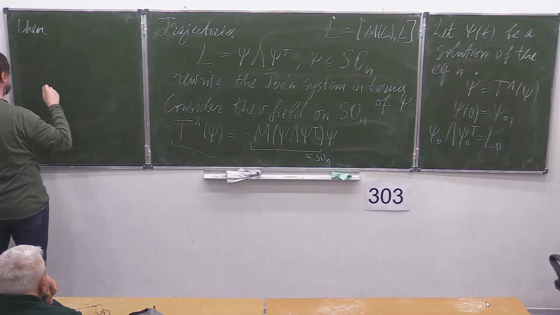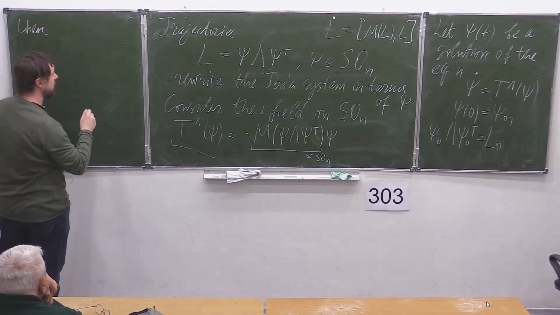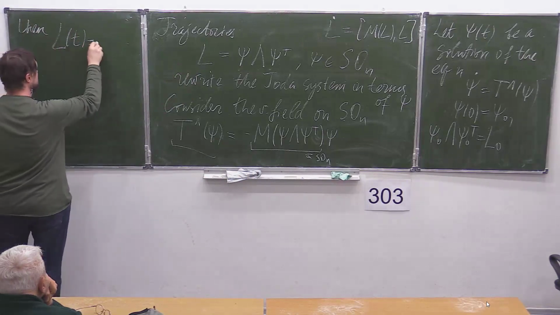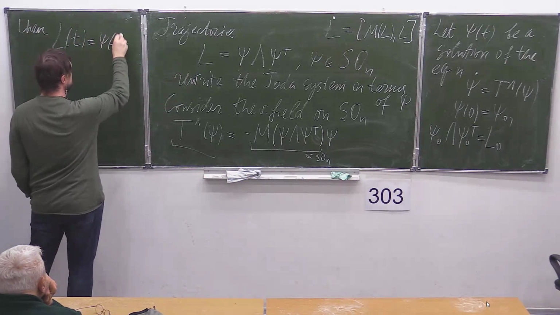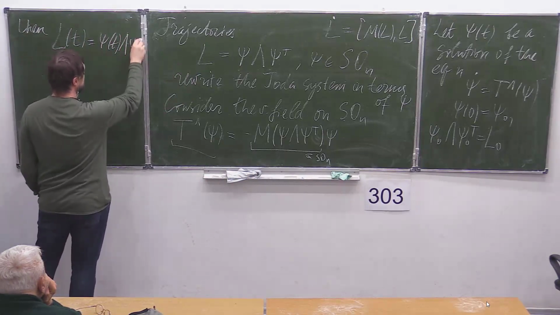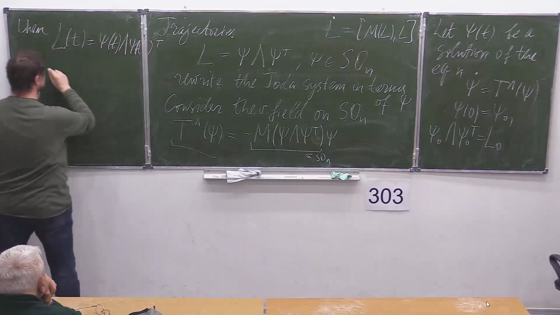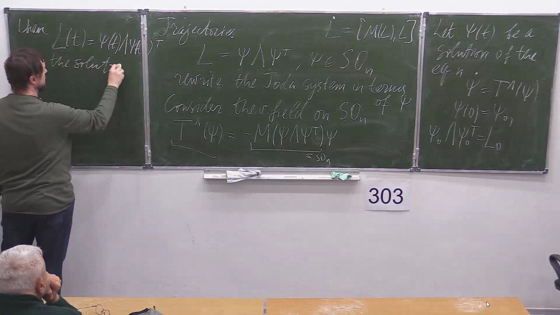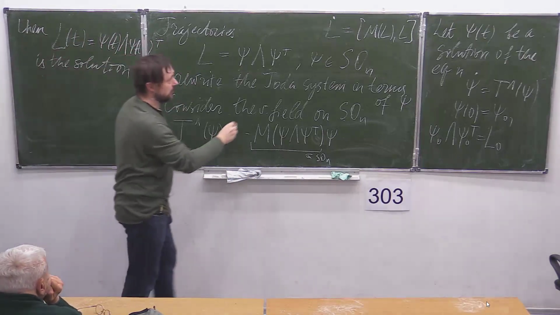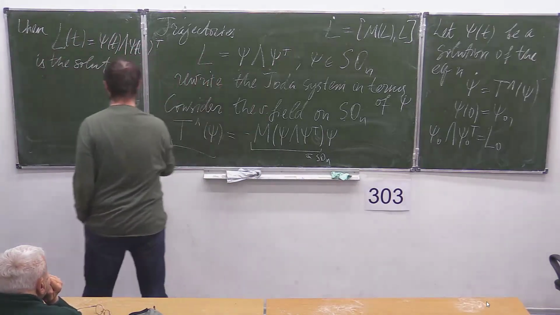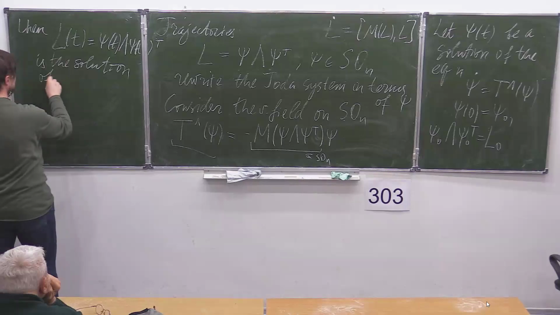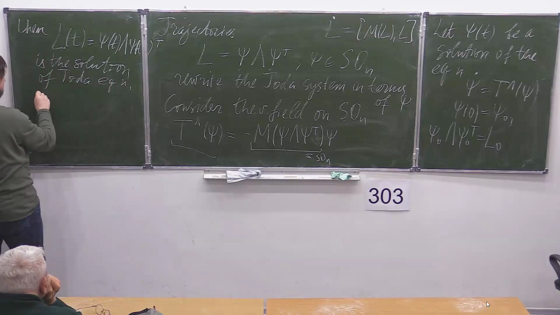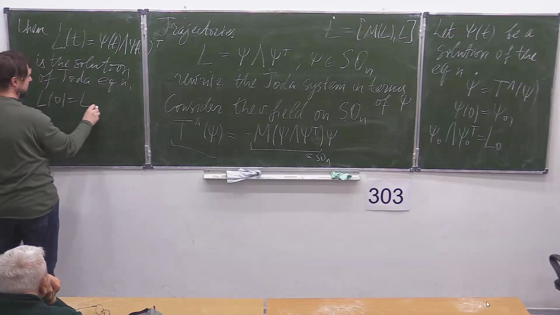Then L of t equal to psi of t lambda psi of t transposed is the solution of the Toda equation such that L of 0 is equal to L0.